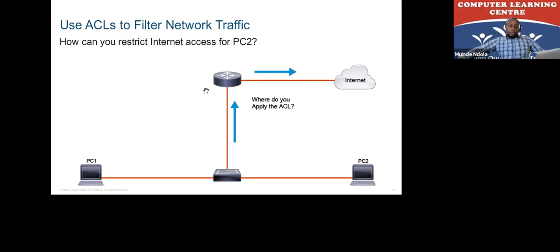Is it coming into the interface or going out of the router? For example, for traffic coming from PC1 and PC2, when you apply the access list on this interface, that will be inbound. When you apply it on the other interface that connects to the ISP, that becomes outbound. You need to get the right direction so that it works fine.